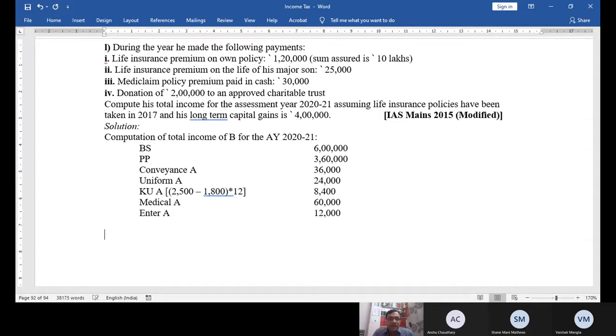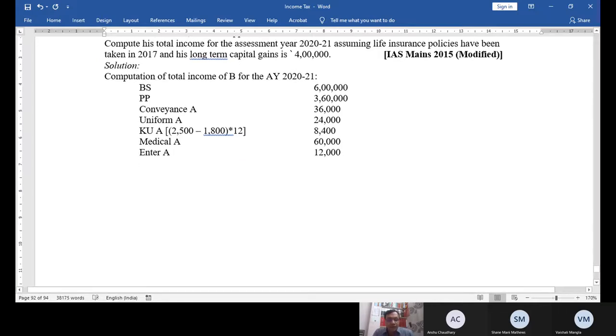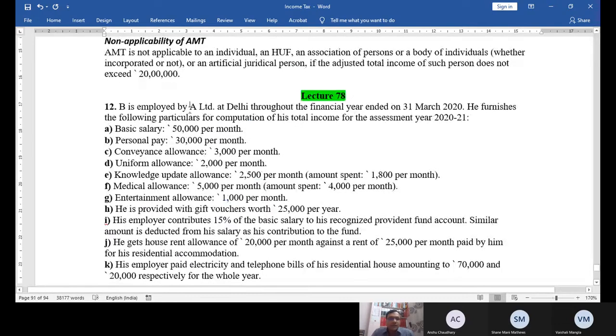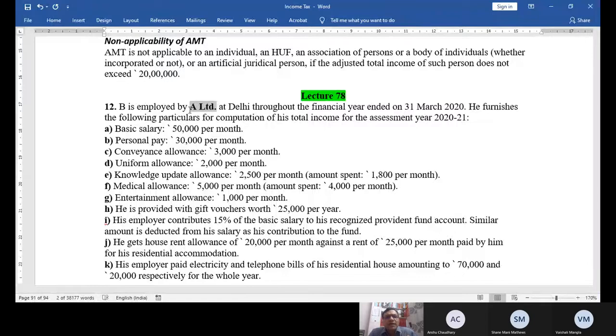Do you know for entertainment allowance I will get a deduction also? But here the employer is unlimited. Just because I assumed that this is a case of an IAS officer doesn't mean that it is actually the example. Since the question came in civil services, I tried to explain the concept of personal pay.